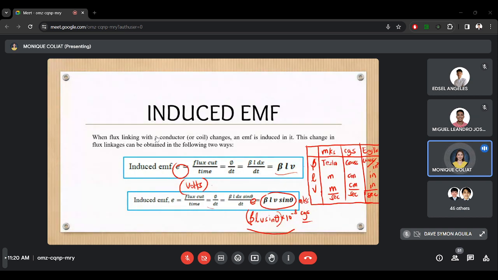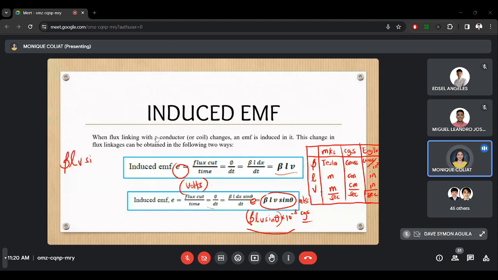That's why it became flux density times length times velocity. So BLV, and it is also equivalent to BL dx sine theta over dt, which is BLV sine theta.